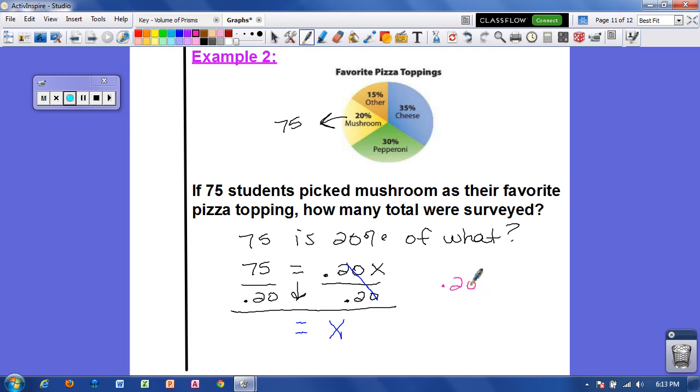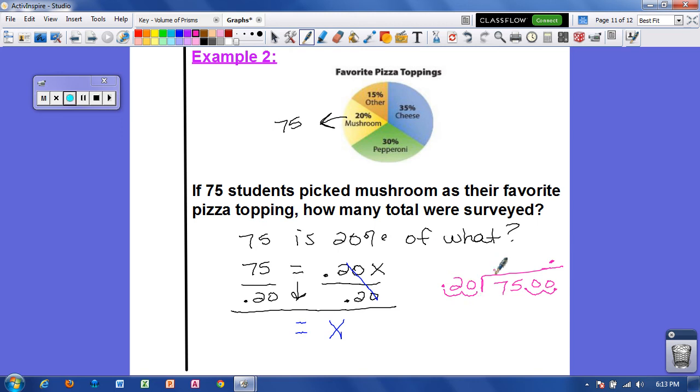So top dog goes in the house. Have to move my decimal 2 places to the right outside and 2 places to the right inside. And I have to bring my decimal up in its new place. So now I have 7,500 divided by 20, which is equivalent to 75 divided by 0.20.